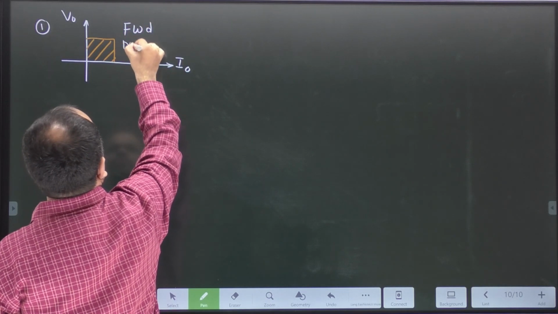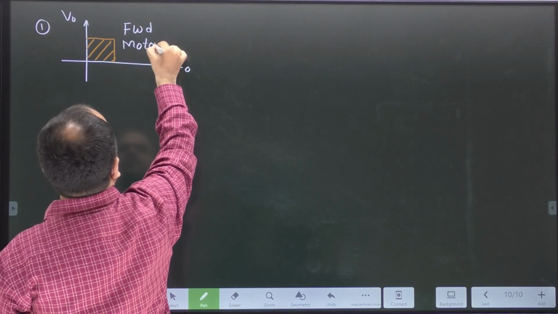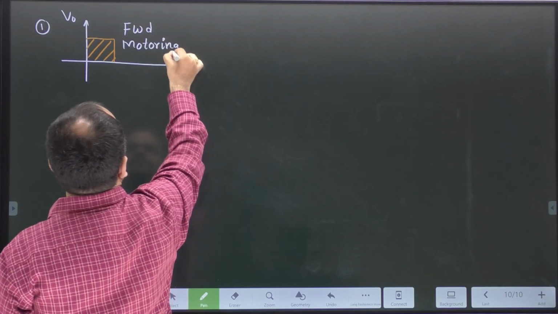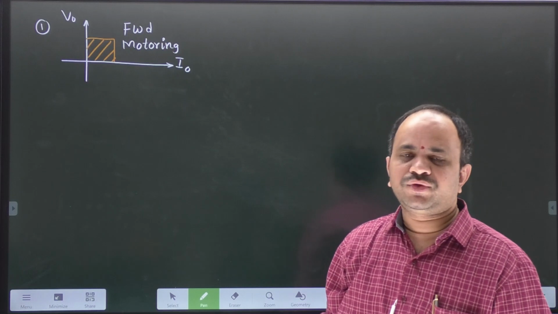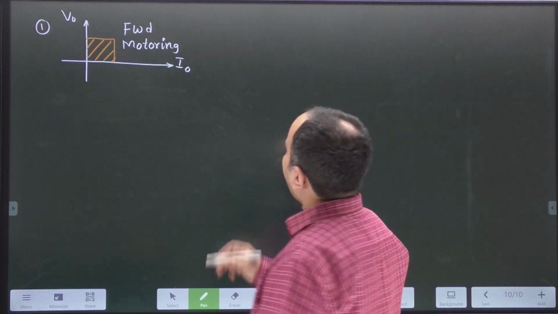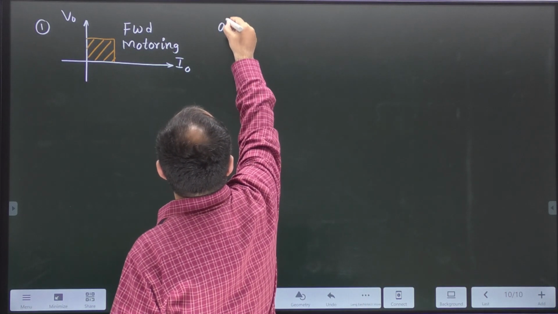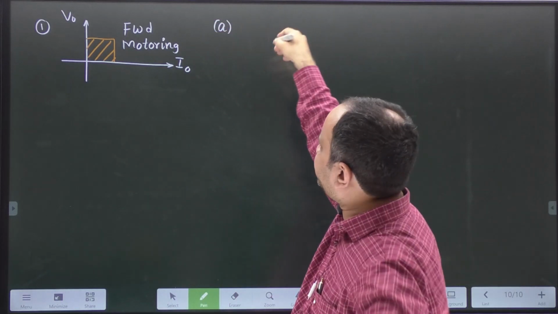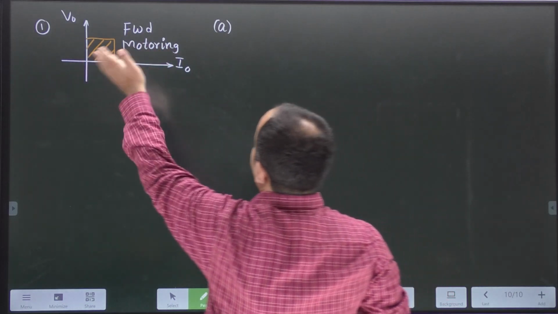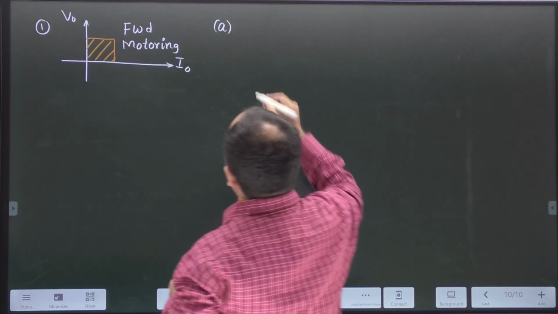So in the forward motoring of a drive application, what type of power electronic circuits are preferable? One, or let me write A. These are not options, guys. Okay, these are the different circuits. As I already used one there, I am using A here.